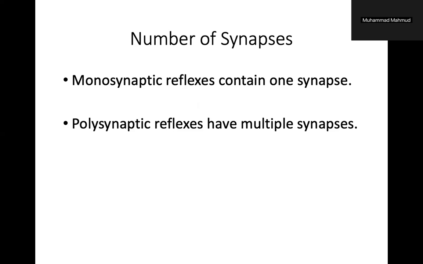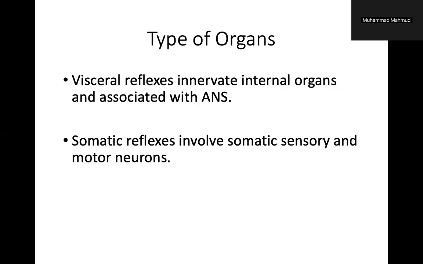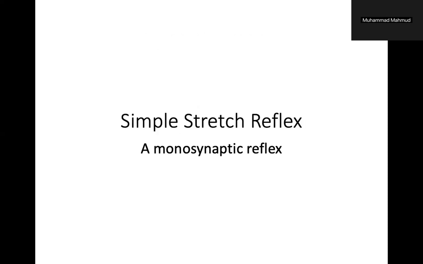So one synapse, that will be monosynaptic reflexes. Multiple synapses, we call polysynaptic reflexes. According to the type of organs, it can be visceral reflexes that innervate internal organs, or somatic reflexes involving somatic sensory and motor neurons.